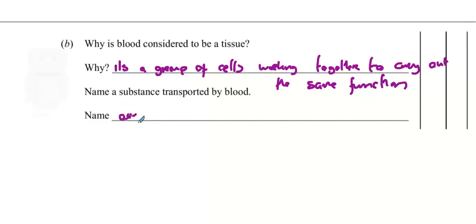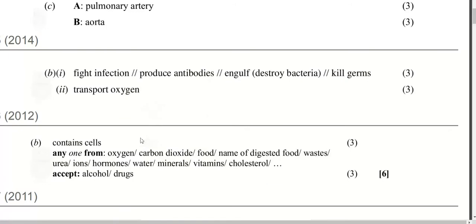You could say oxygen, nutrients, minerals, technically carbon dioxide as well. Any one from the following: oxygen, carbon dioxide, food, wastes, hormones, water, minerals, vitamins, cholesterol, anything for that part B.